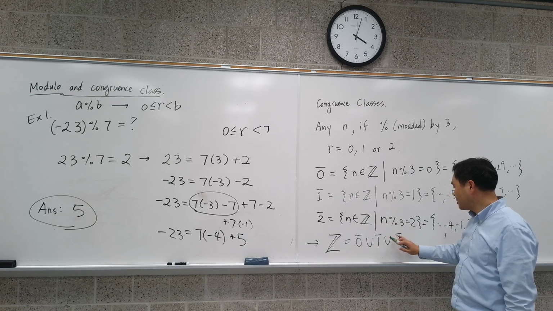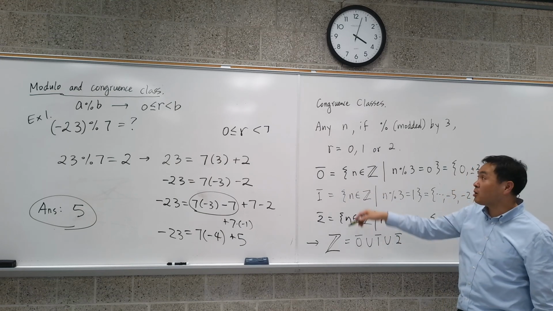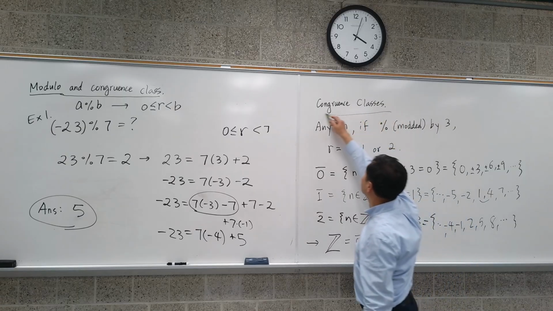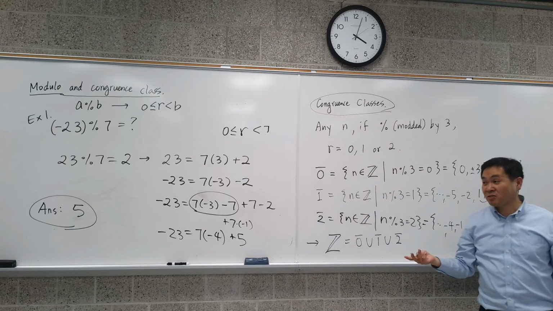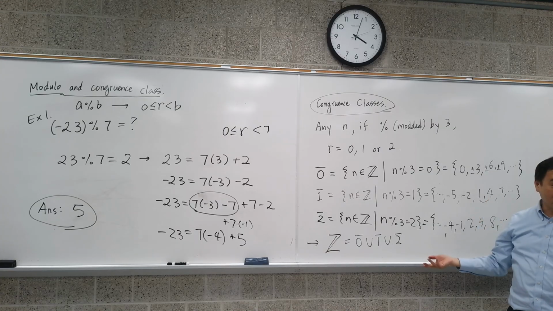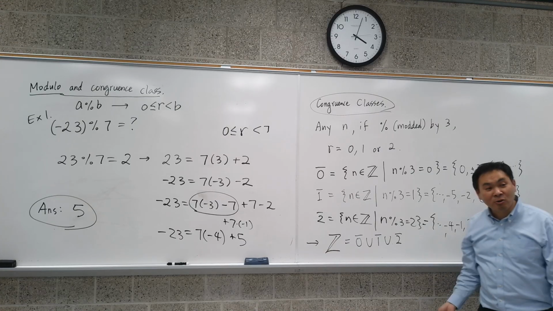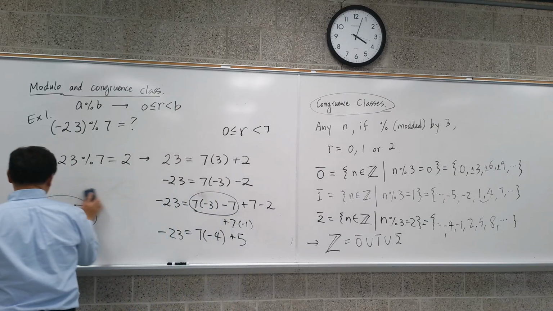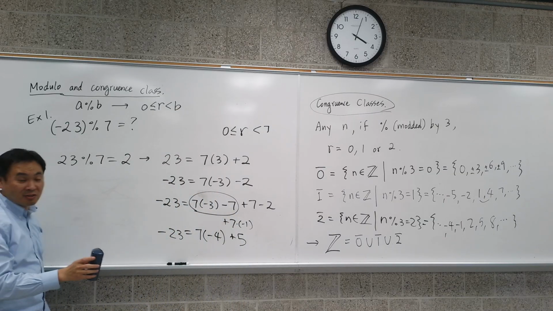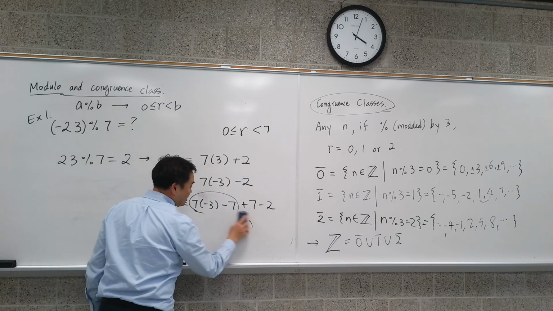So each of these are called congruence classes. So there are three congruence classes if you mod by 3. If you mod by 4, there are 4 congruence classes. If you mod by 7, there are 7 congruence classes. That's what it means.